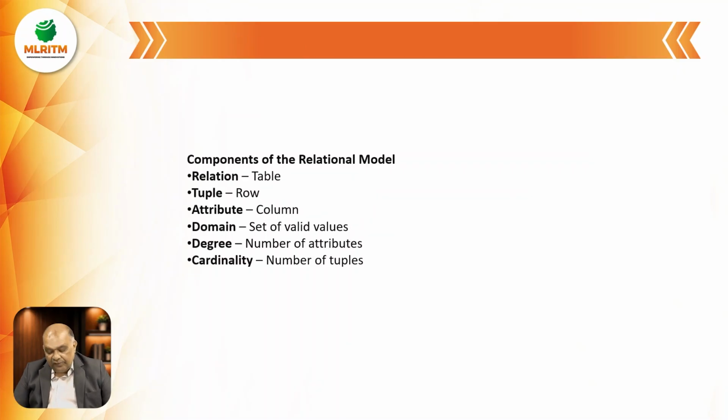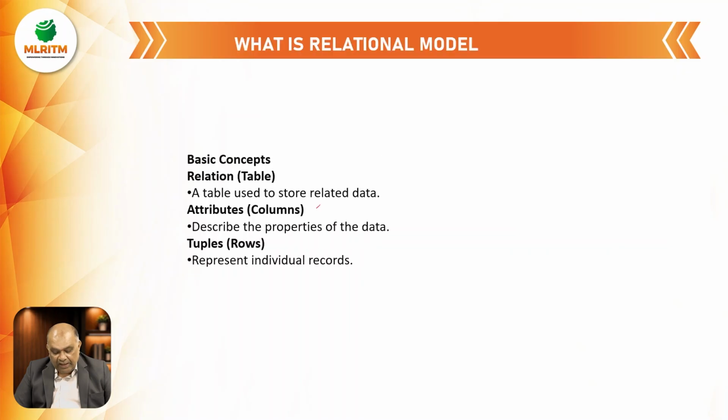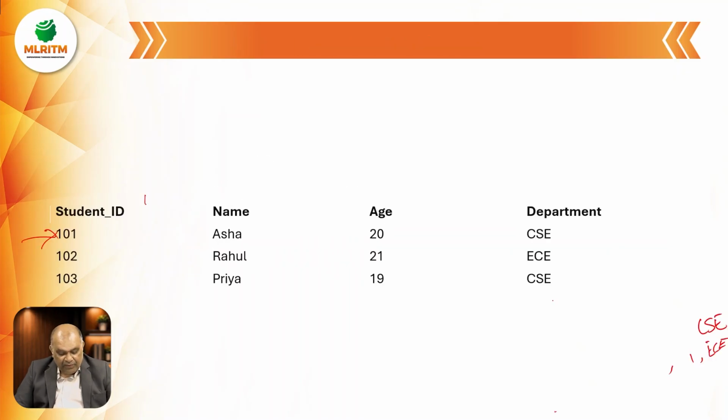What are the components of the relational model? One is a relation, which is the table name. Another is a tuple, which is a row, that is, a record. Attribute is a column. In the column, the data we enter is 101, 102, 103 for student ID; Asha, Rahul and Priya for name; 20, 21, 19 for age; and CSC, EC and CSC for department.